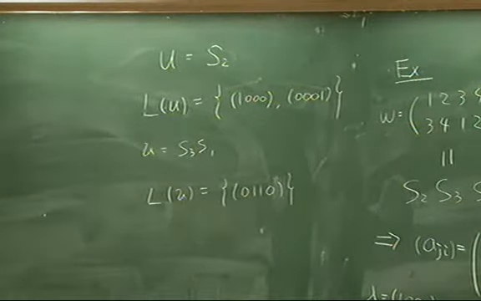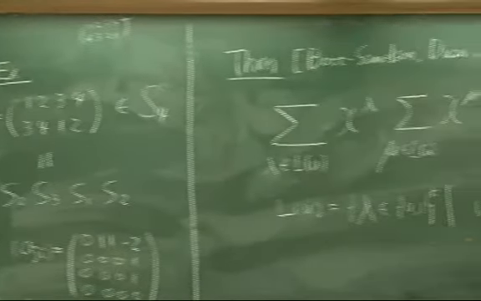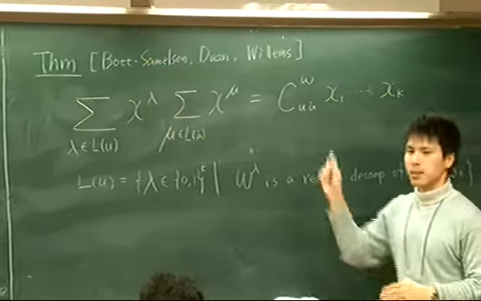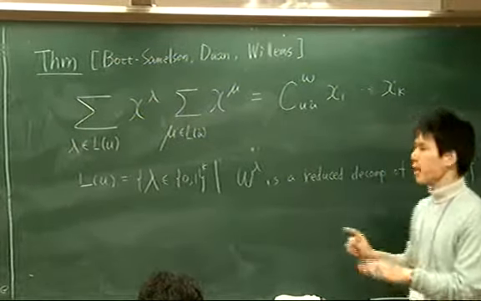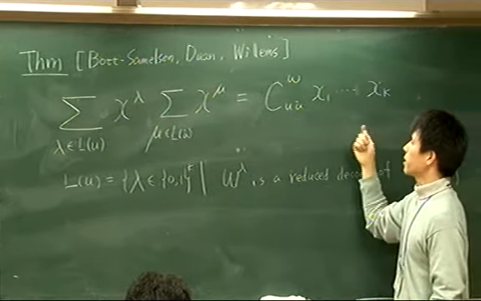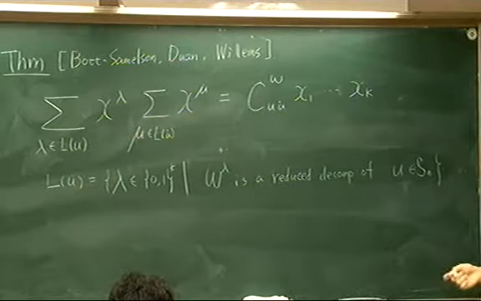Since we know how to compute this product of monomials using the ideal relation, we can get the structure constant this way.